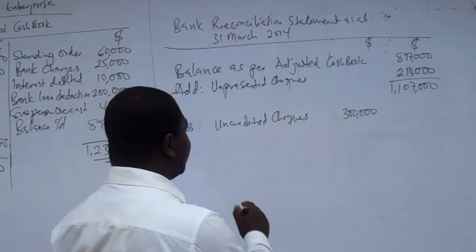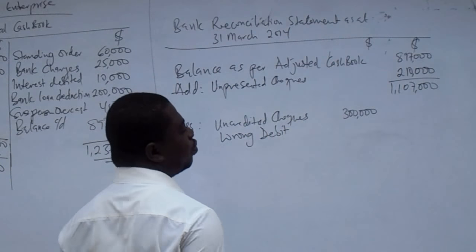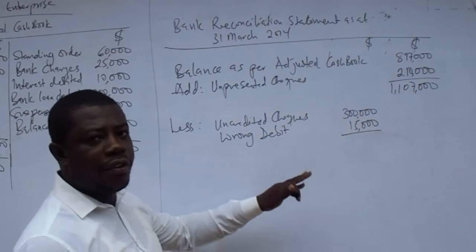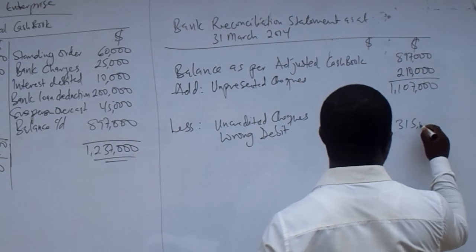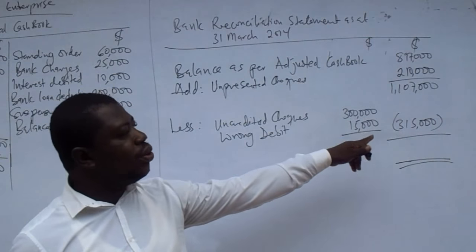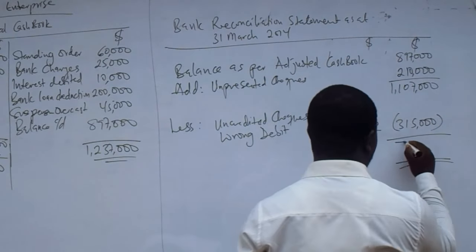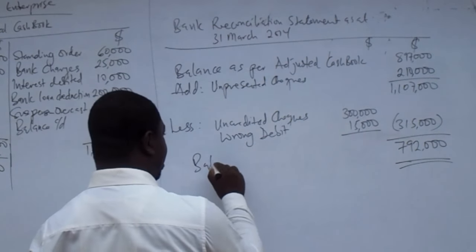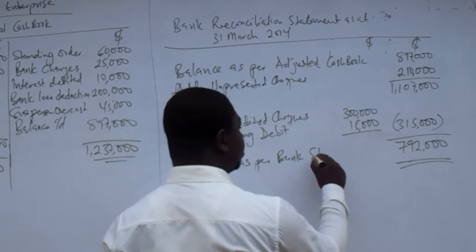And so that is a wrong debit, $15,000. And so when we add up $15,000 to $300,000, we have a total of $315,000. And then we are going to reduce that from this total. And when we do that, we have a balance of $792,000, which is the balance as per bank statement.